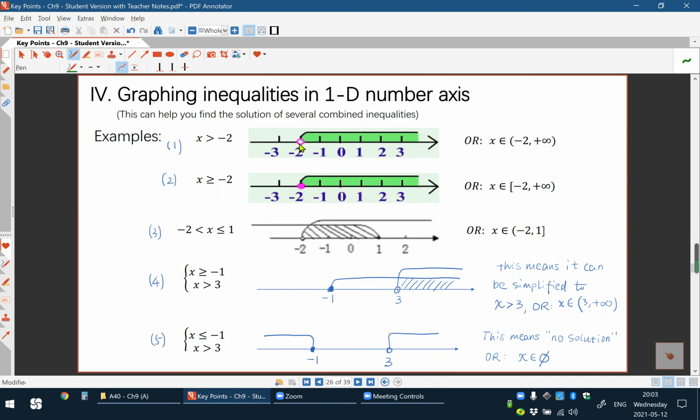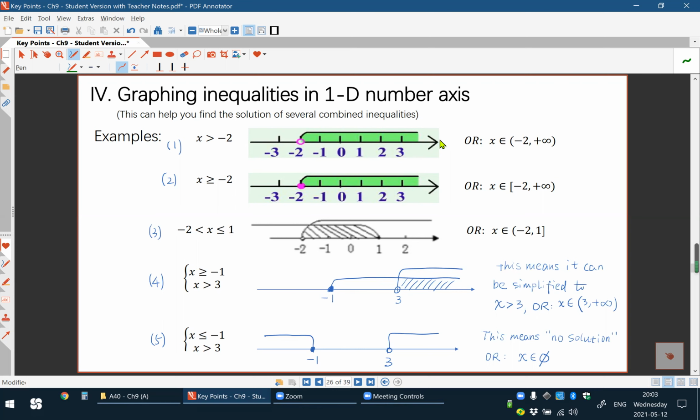Okay, first, if we have x is greater than -2, how do we draw this on the number axis? First, you can draw a number axis and then mark -2 here, right? Because x cannot be -2, so we need to use a circle. That means remove -2 from the solutions, and x could be any number that is above -2.